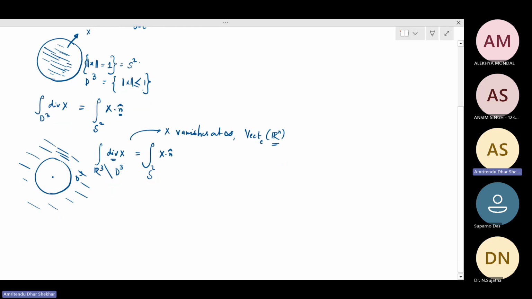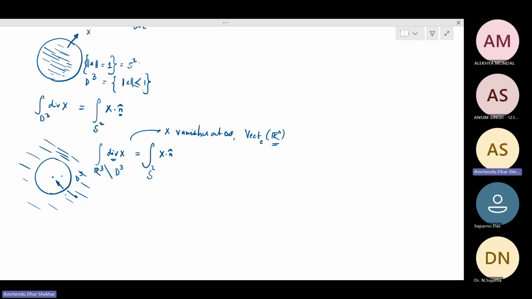But now there is a catch. So let's say your region is R3 minus D3, and R3 minus D3 has a boundary. The boundary of R3 minus D3 is again S2. But the outward facing normal is no longer this, but it's actually this. When you were here, the outward facing normal was in this direction, but when you are outside, the outward facing normal is going to be in the opposite direction.